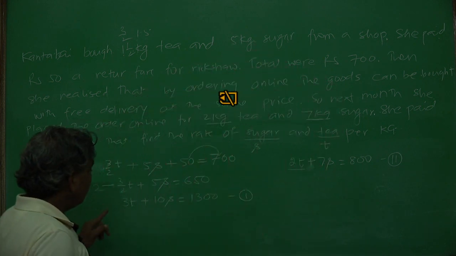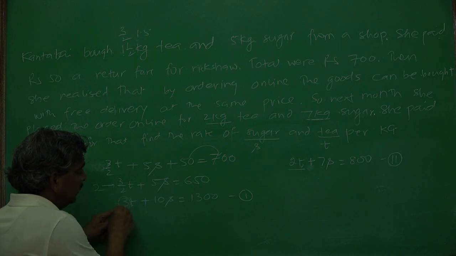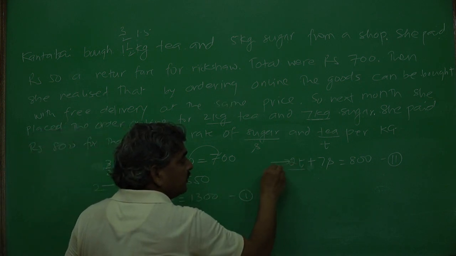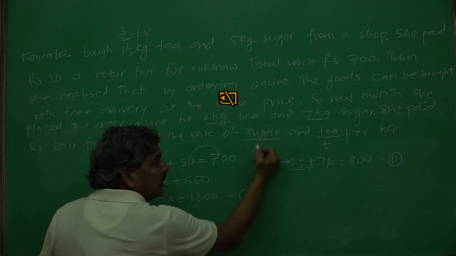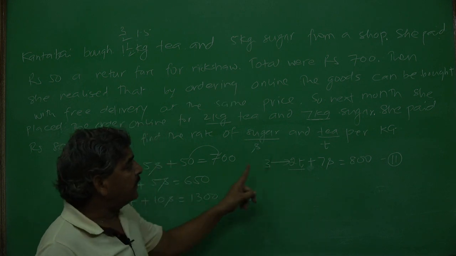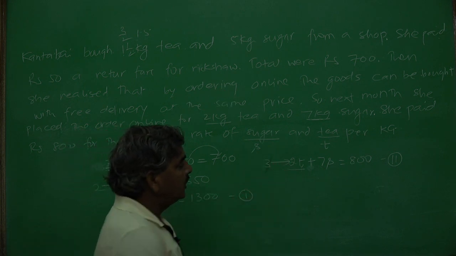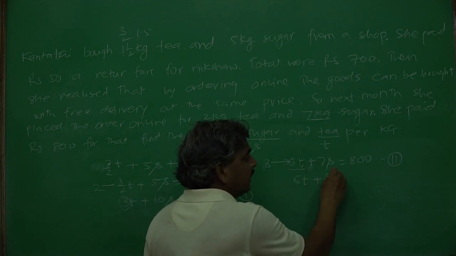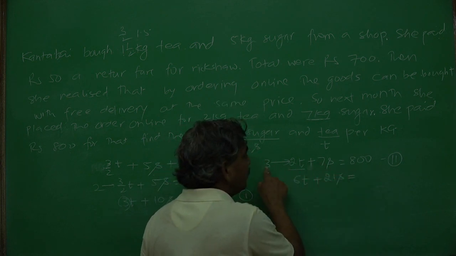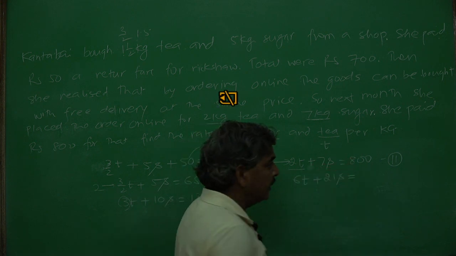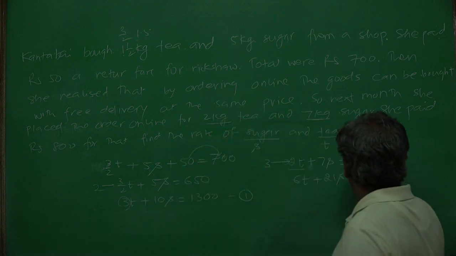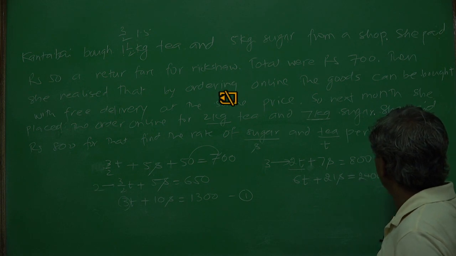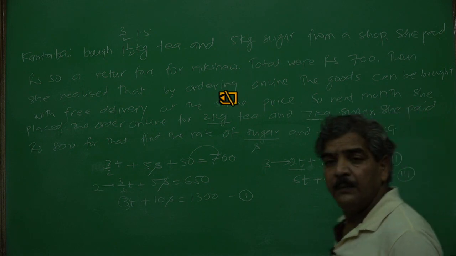So multiply by 3 on both sides of equation 2. 3 into 2T is 6T, plus 3 into 7S, 21S, is equal to 3 into 800, that is 2400.